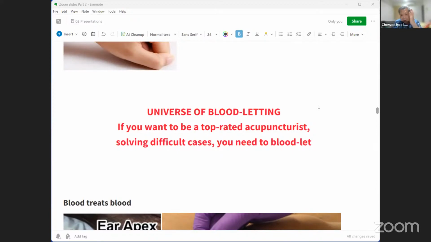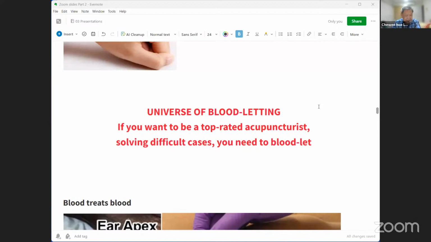Any issues connected to the head sensory organ, you can bloodlet the ear. Bleeding the ear moves blood throughout the body, not only on the head. To the TCM practitioners who are skeptical, you know that there are so many meridians circulating the ear.